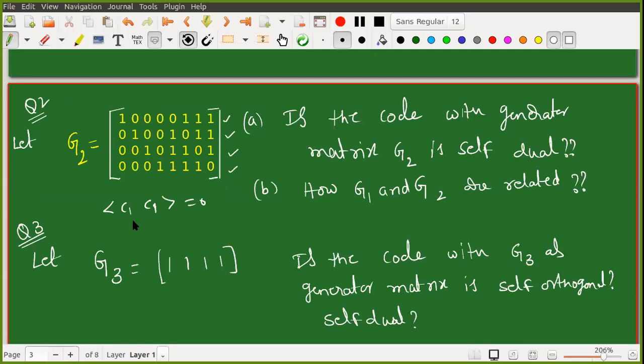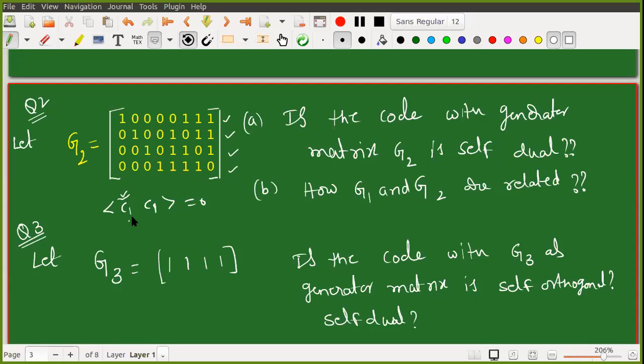So I am asking now a question. I told you that there is a code word whose inner product with itself is 0. So what can we say about C1? Sir, it is a zero vector. Which one is the zero vector?